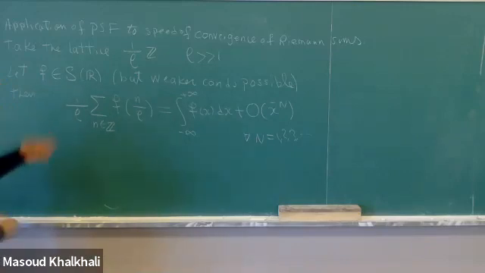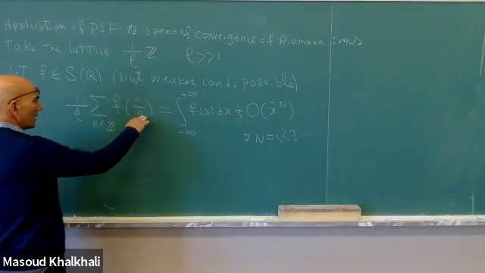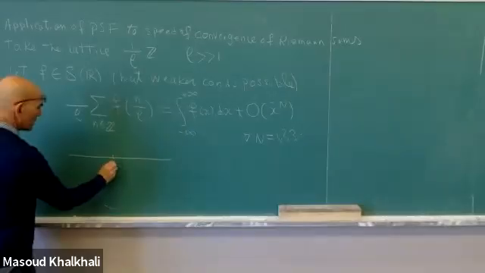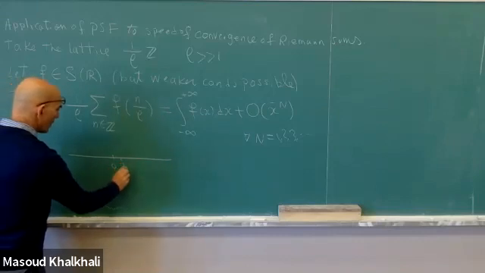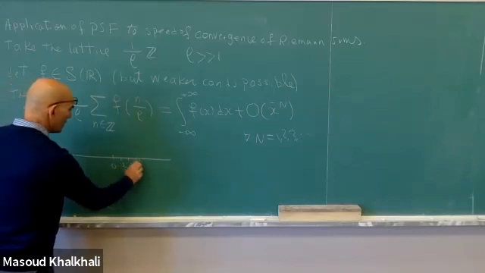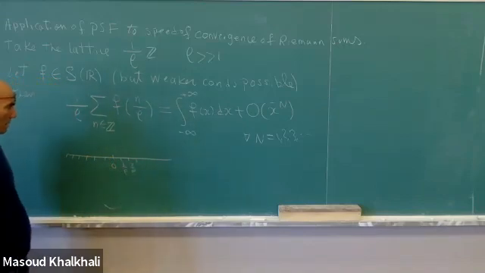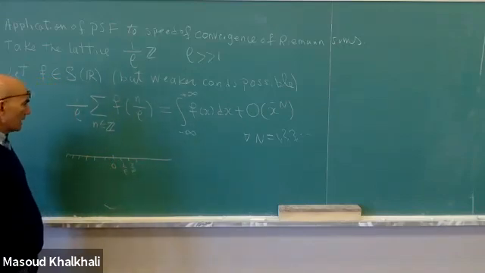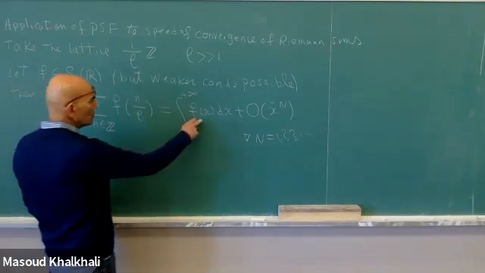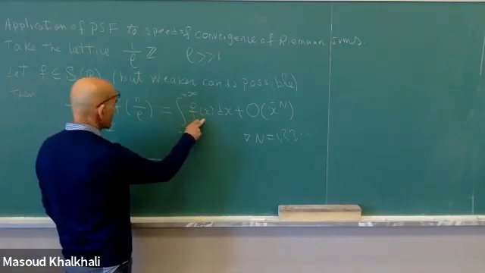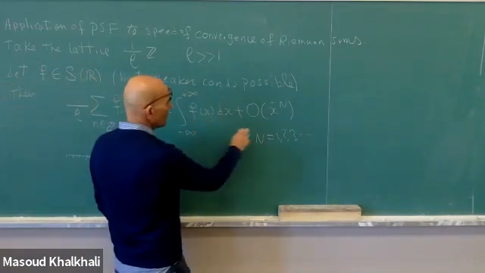So what does this result say? So you have a kind of lattice here, 0, 1 over L, 2 over L, and so on. So what this result says is that you can compute the integral by, oh, what is this?